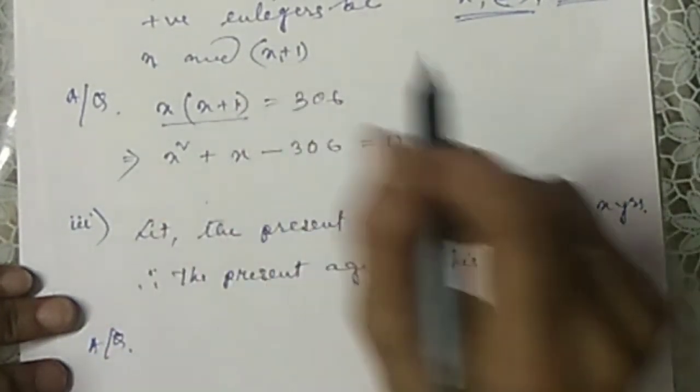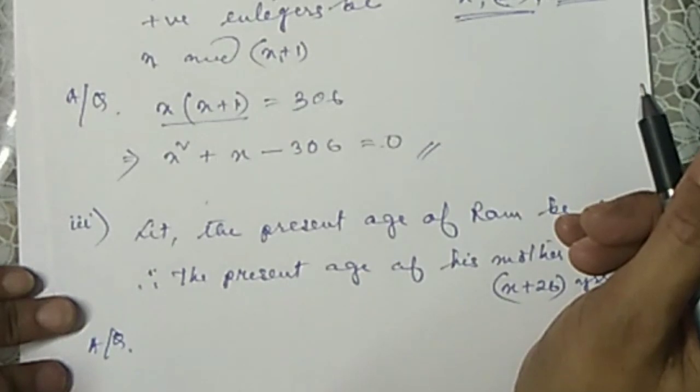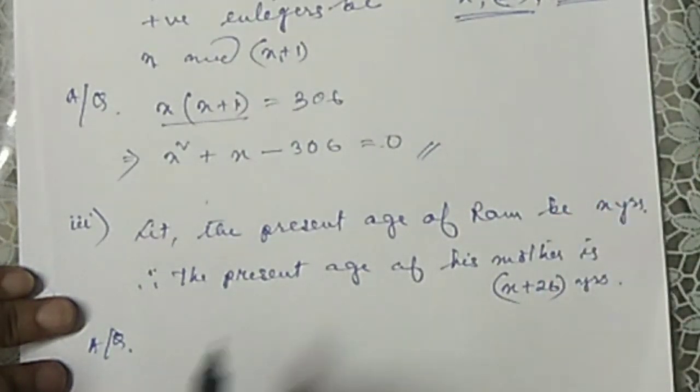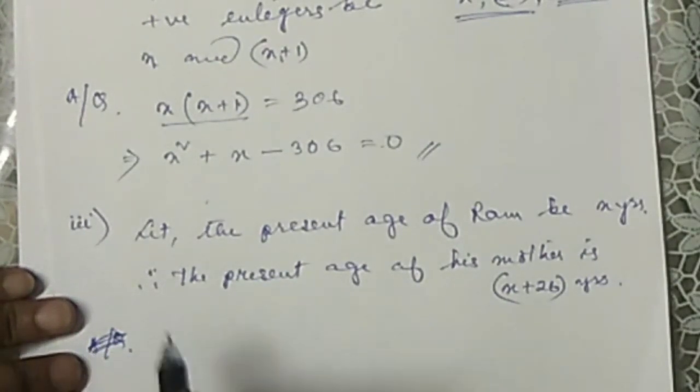According to the question, the product of their ages after 3 years. Let's find how old they will be after 3 years.